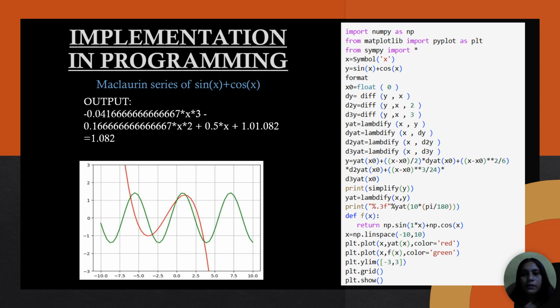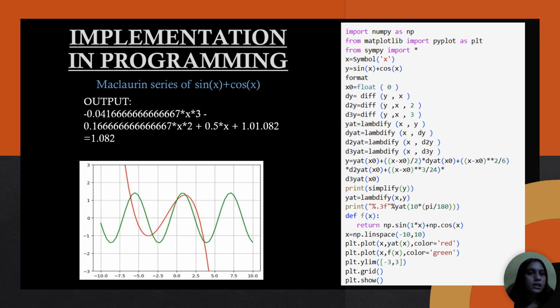And then let us look at the output and the graph. Here, as we can see, the graph is presented in two different colors, which we defined in the function itself, red and green. The approximation is in red, and the original function is in green.